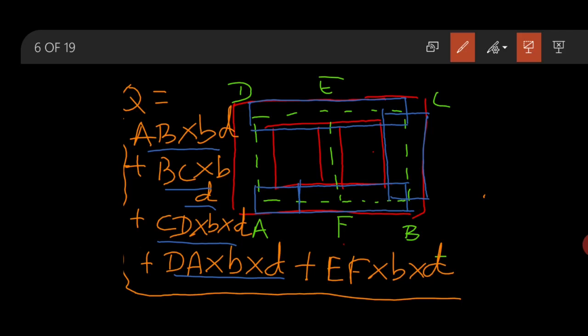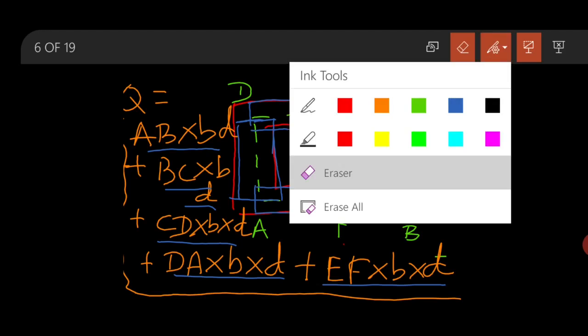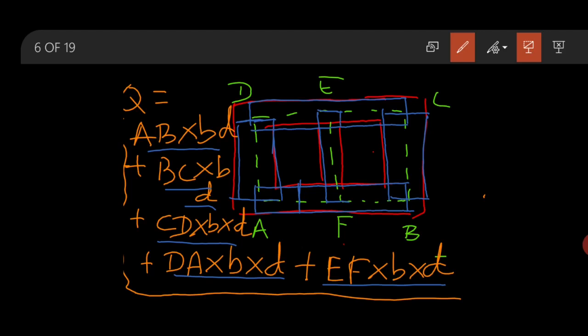Then DA into B into D. Finally, EF into B into D, which will cover this portion. Okay, clear?